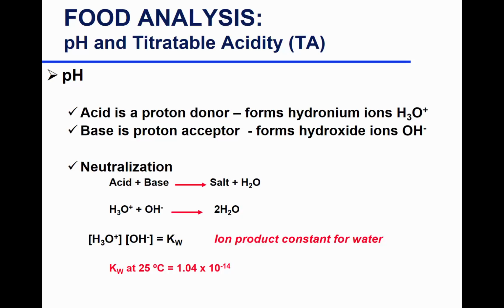So the concentration of hydronium ion times the concentration of hydroxide ions, or hydroxyl groups, gives you the ion product constant for water. At 25 degrees C, or room temperature, this is about 1 times 10 to the negative 14, hence the pH range from 1 to 14, because pH is a log value.